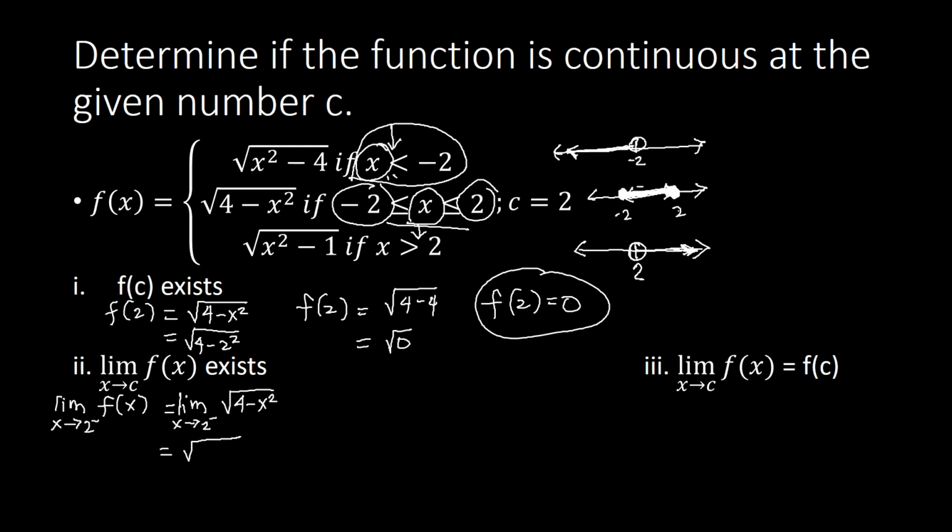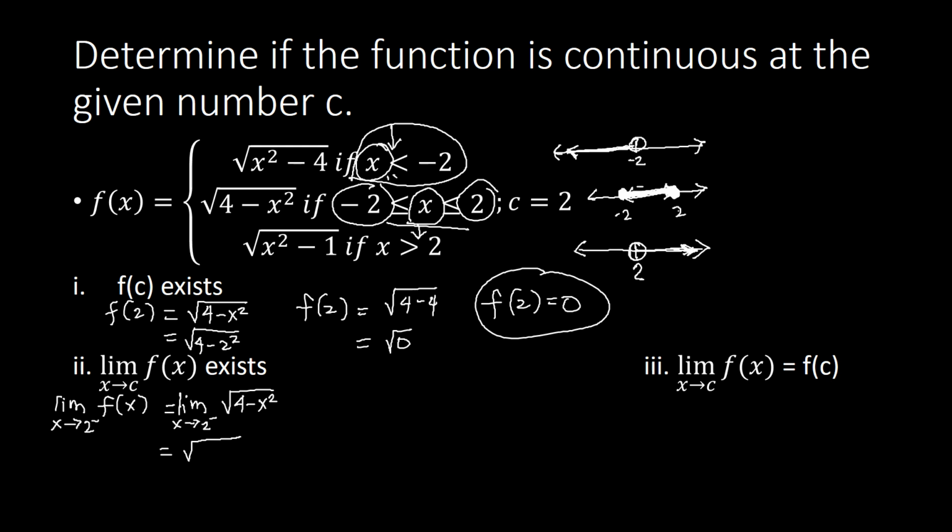again, this is a radical function in which we cannot have a number inside which is negative. So that means we need to check thoroughly if there will be a number that will make this one negative. So checking our domain here of the second function, we only have until negative 2.